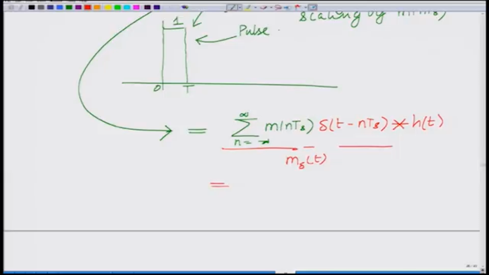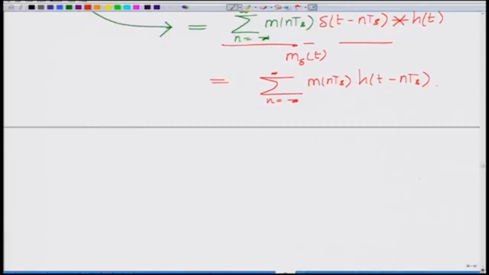That gives me the pulse amplitude modulated signal. The shifted impulse t minus nTs convolved with h of t gives h of t minus nTs.